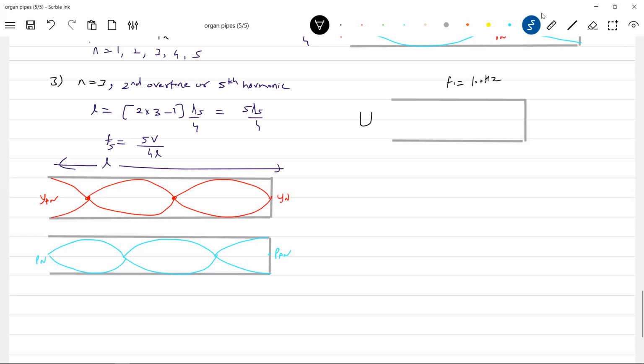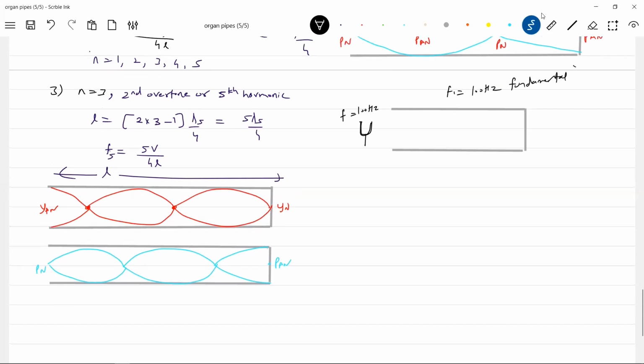I'll bring a tuning fork of frequency, say, 100 hertz. What is F1? F1 is the fundamental tone or first harmonic.